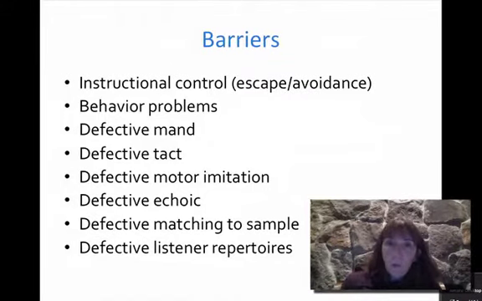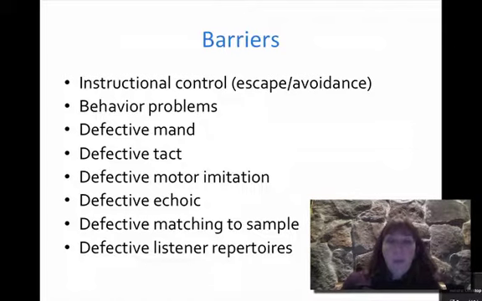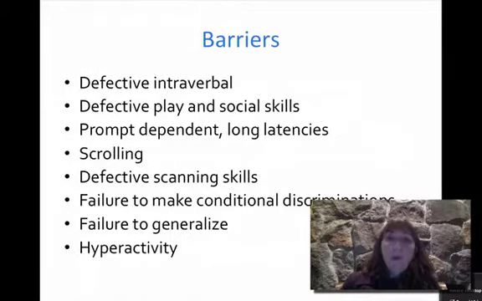Defective listener repertoires, where they're not able to really shift as the speaker shifts or understand more than one way in which something's presented. Defective intraverbals, where the back and forth conversational exchange is not good.